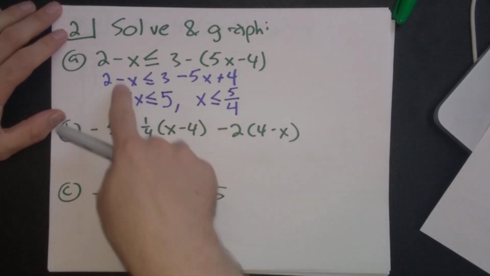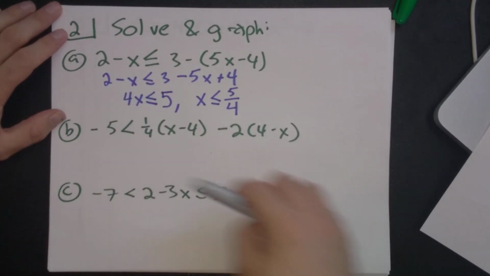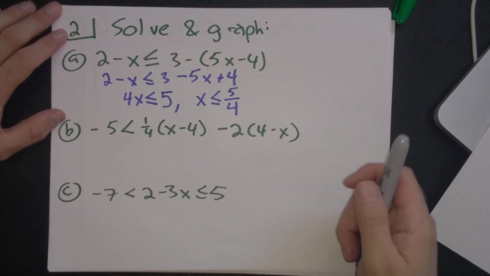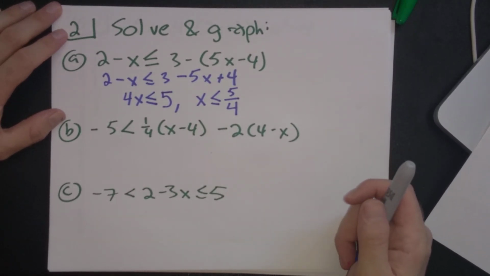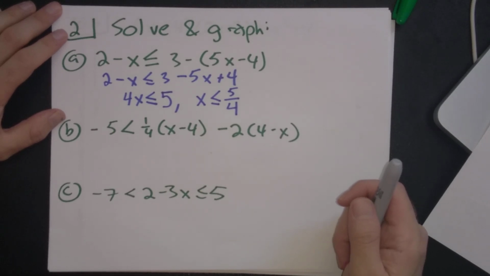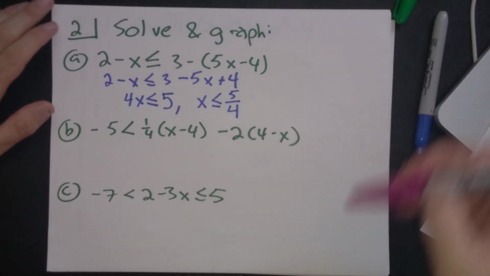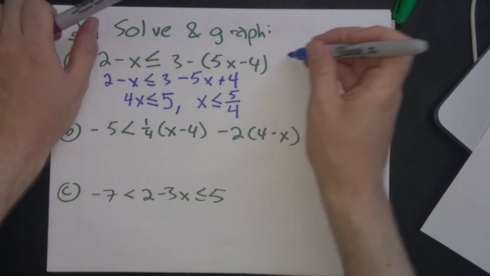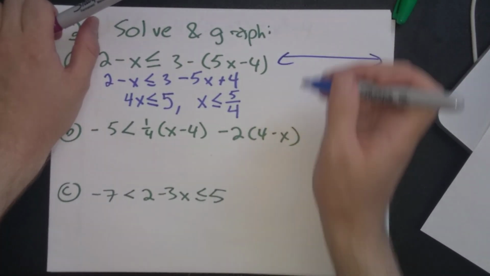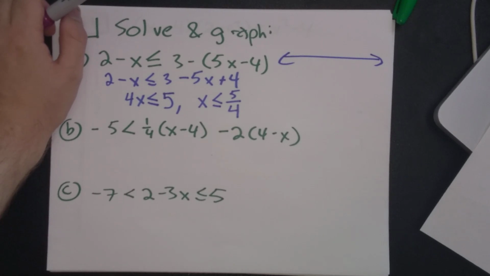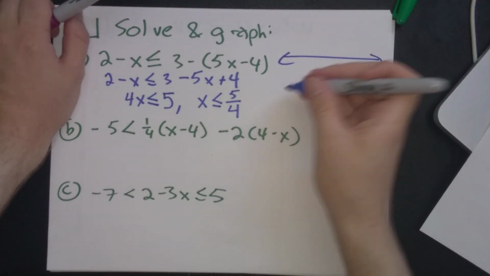Note that I was just adding and subtracting, and at the very end I divided by a positive number. Those are all okay things to do when you're working with inequalities. The only time we have to be careful is when we're multiplying or dividing by a negative number. Okay, so at this point then, we have x is less than or equal to 5/4.